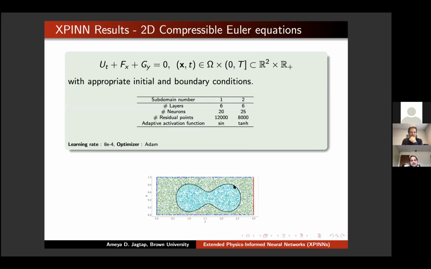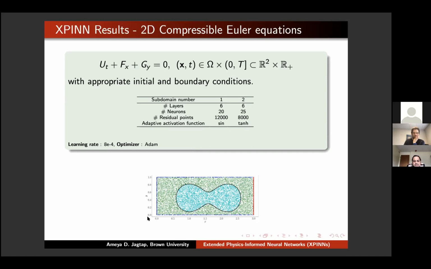Okay, so the next example is the 2D compressible Euler equations. So basically we are solving an oblique shock reflection here. These equations can admit discontinuous solutions. So our aim was to find out how well we can approximate these kinds of solutions.